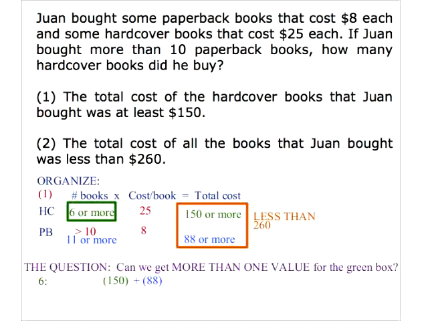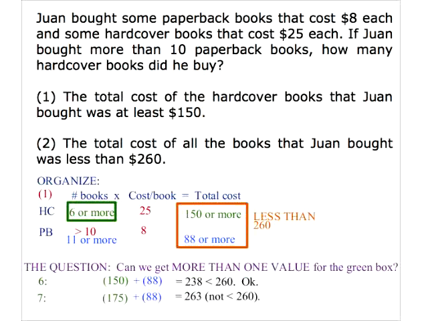That works. That's only $238, which is less than $260. But the next value up is 7. If we try that, that's 175 plus 88, and that's actually 263, which is not less than 260.